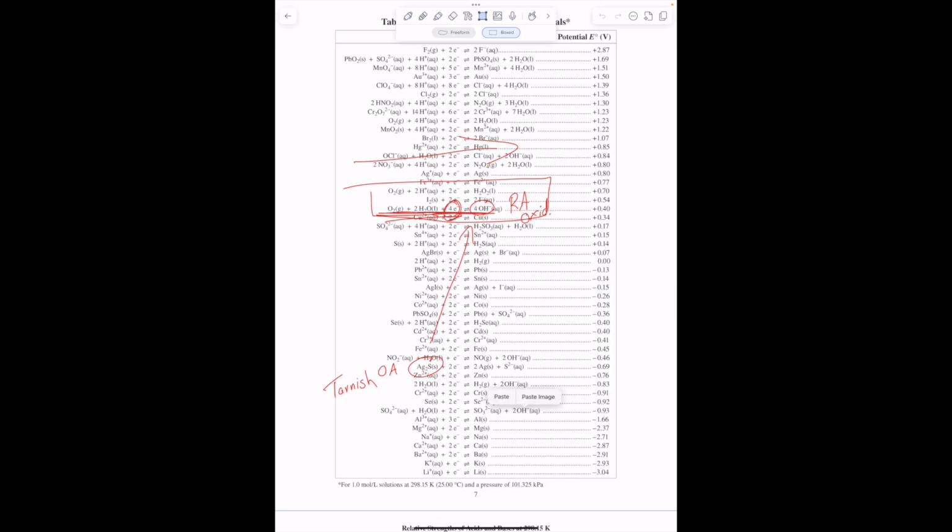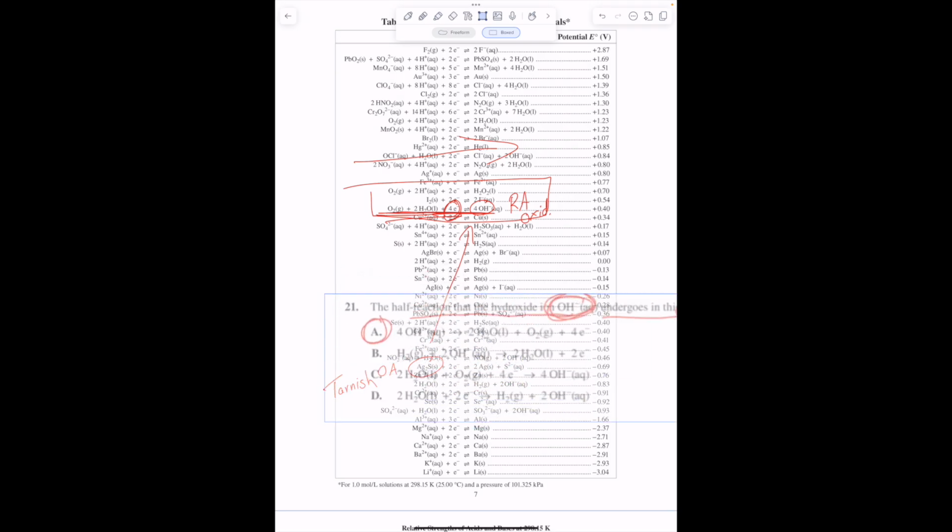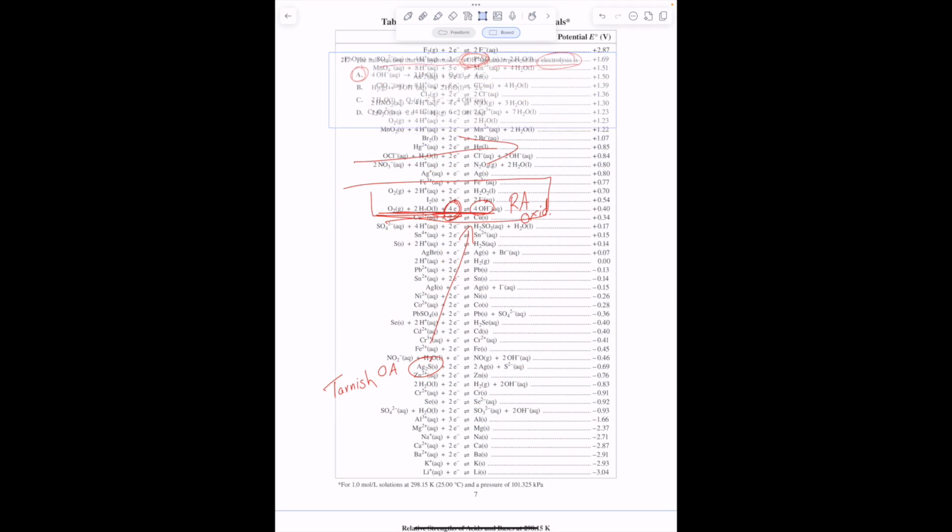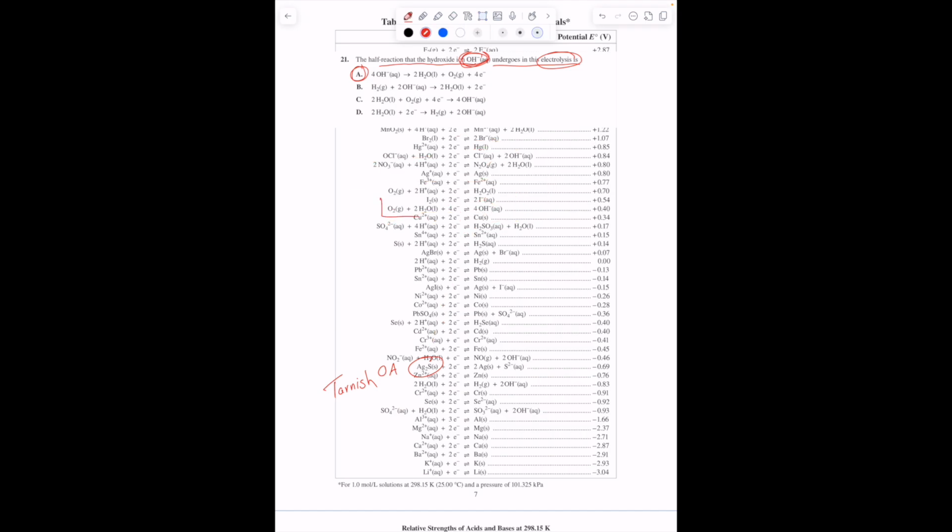Copy. All right, kids, let's see. Hey, look at that. Okay, did I get it right? So let me just clean this all up now. That reaction flipped around: 4 OH, 2 H2O. Yep, there it is. 21 is A.